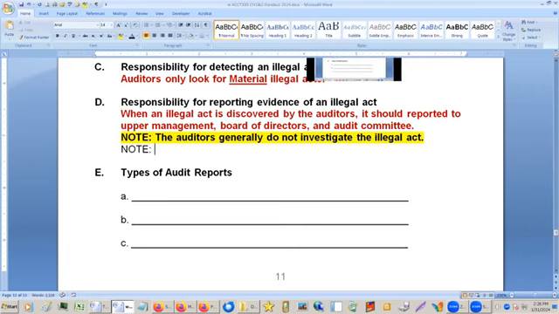Another note. Wow, look at all these notes.